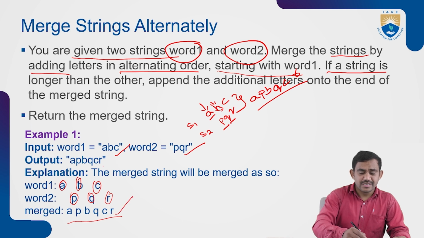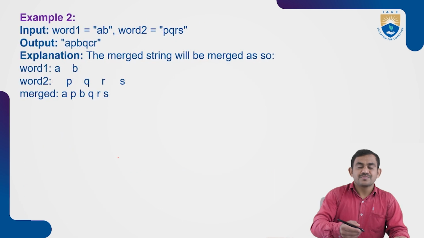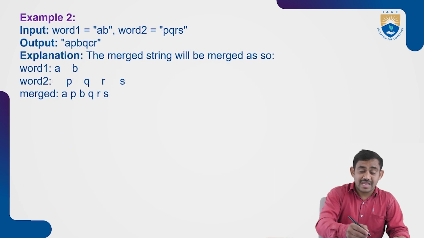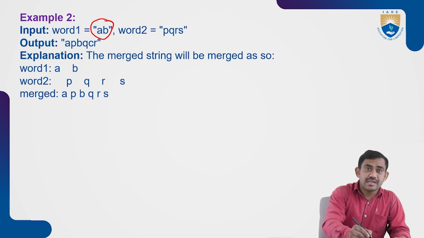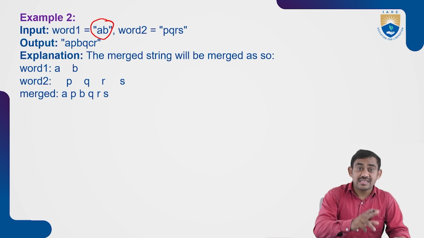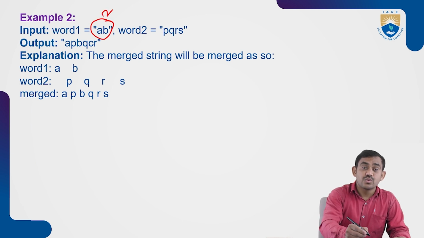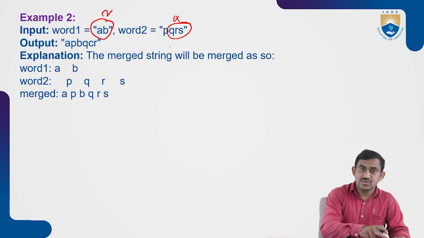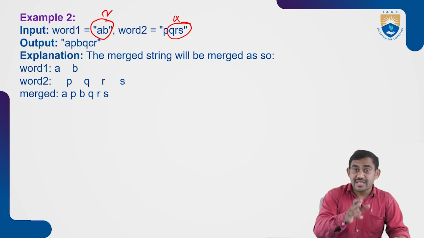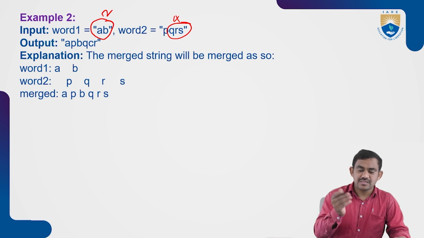This is your output. Now coming to one more example he has given: suppose I have A and B. Check it: the length of string 1 is only 2, and the length of string 2 is 4. Then how to mix? Same, starting with the first string.